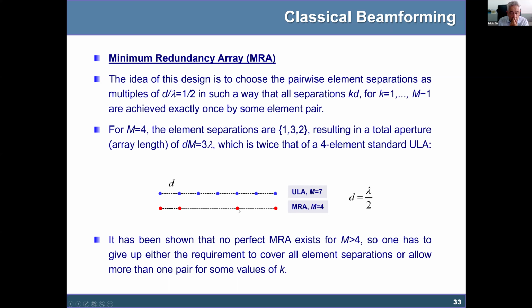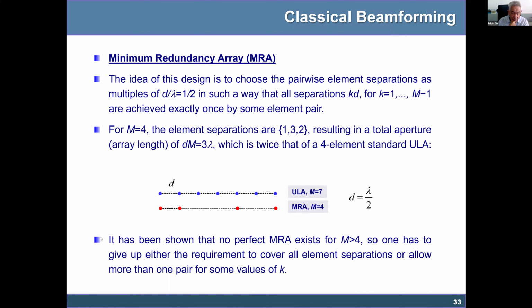Then a couple with distance 2d, which is the third and the fourth. Then another couple with distance 3d, the second and the third. Then a couple with distance 4d, which is the first and the third.